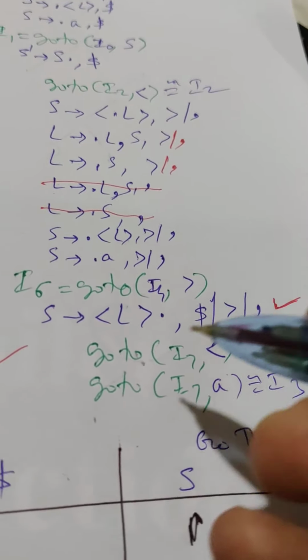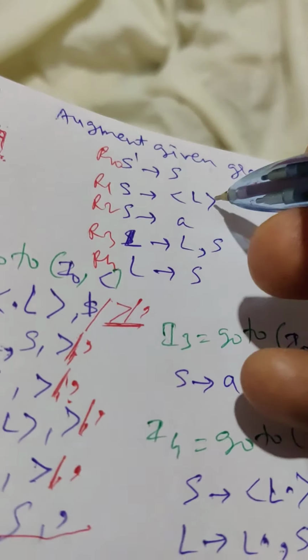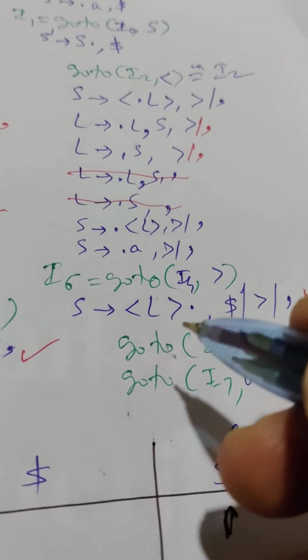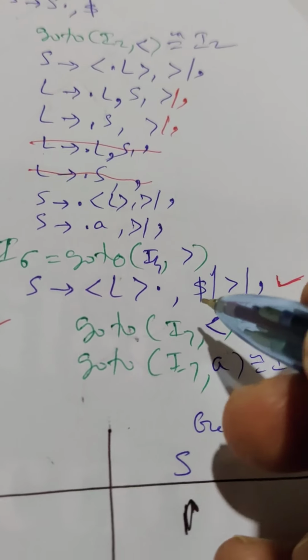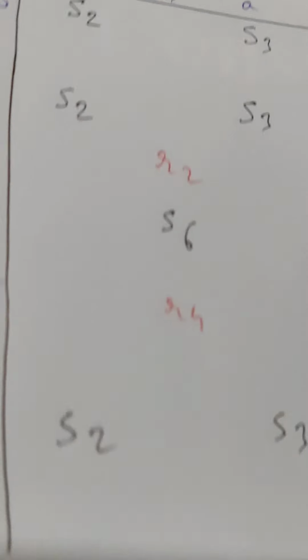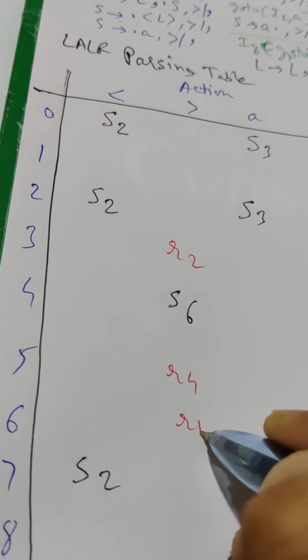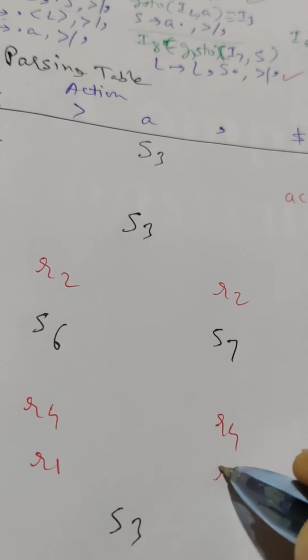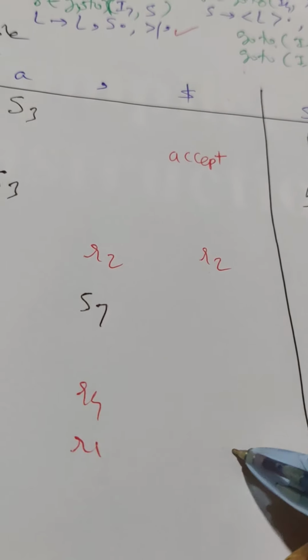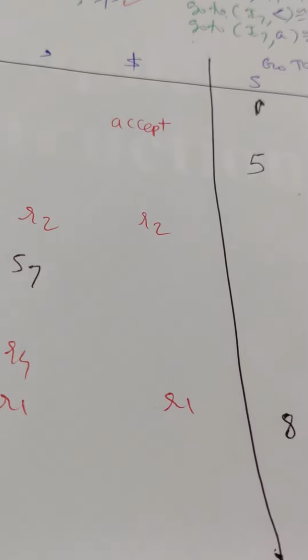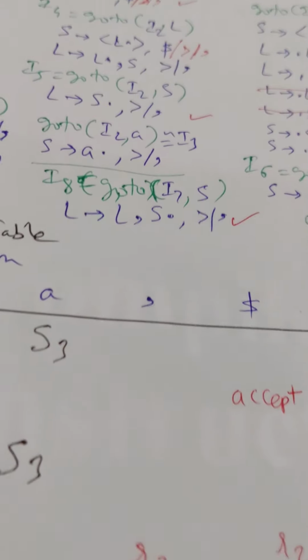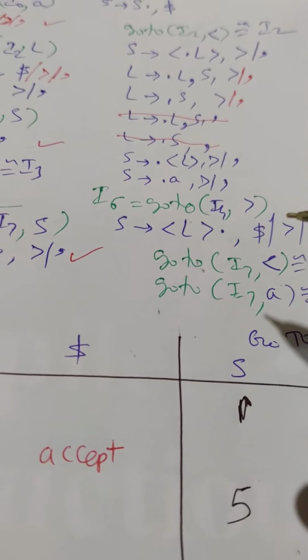Item number 6, S goes to bracket L. S goes to bracket L is rule number 1. So I6, rule number 1, in dollar, greater than and comma. So under greater than it is R1, comma R1, and dollar R1. So here I6 is done.